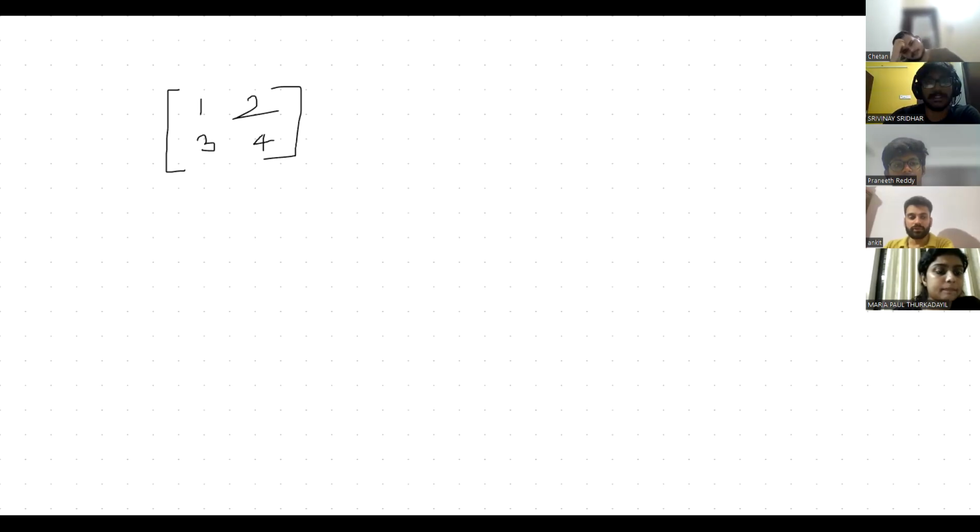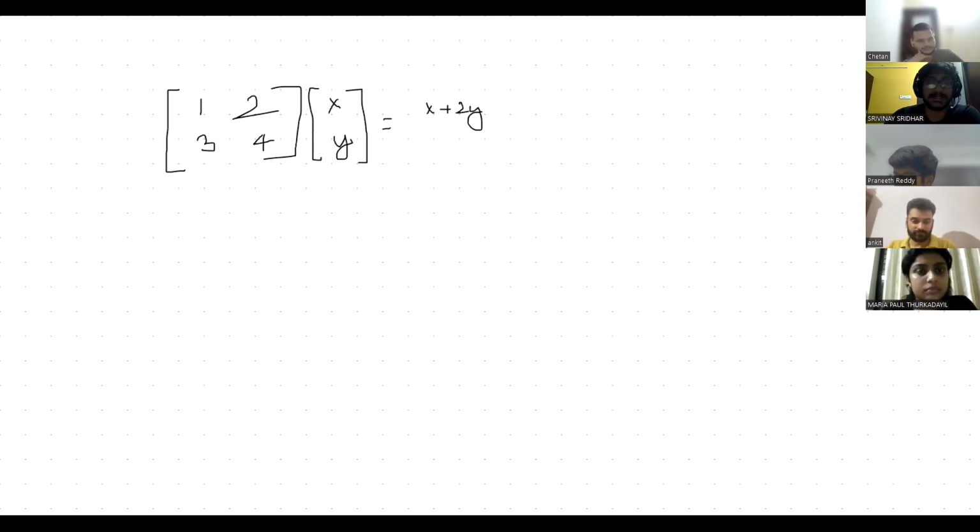Only 0, 0 will be mapped to 0, 0, because we are taking x plus 2y, sums of two integers. This matrix is just pushing things away from the center, so no point will be mapped to itself in this case.